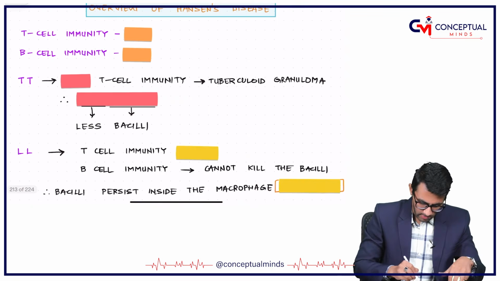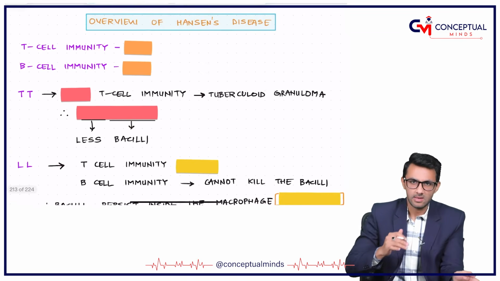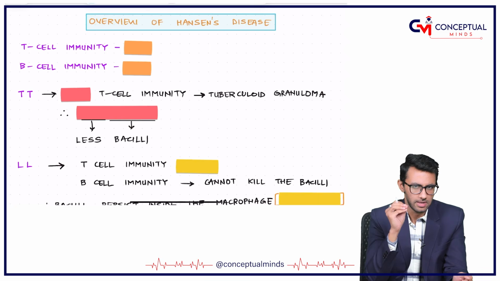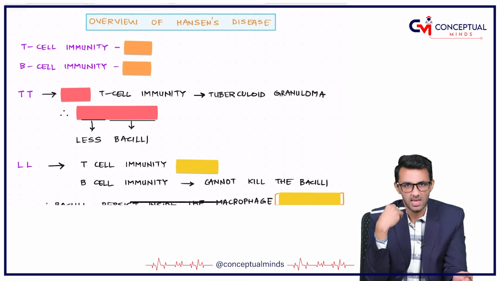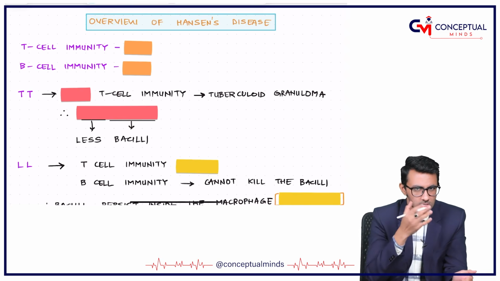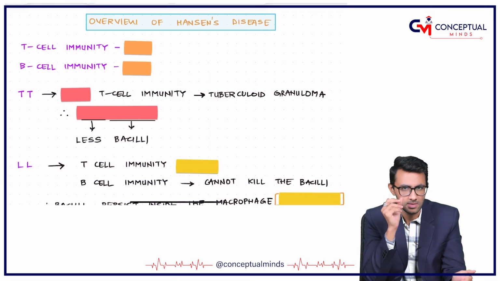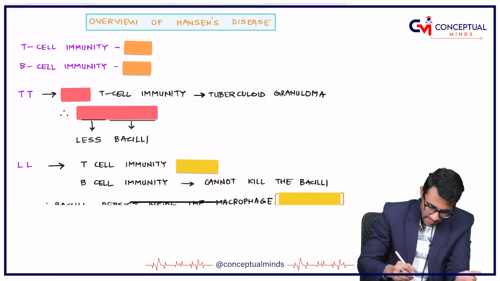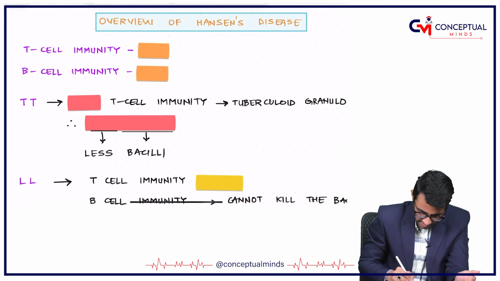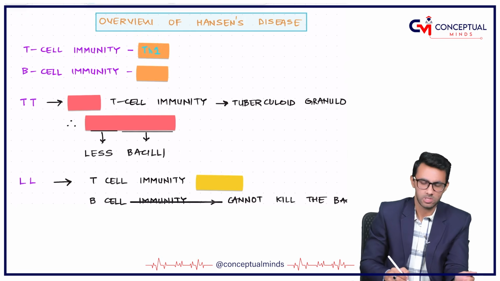As I told you, the disease's offending agent is Mycobacterium leprae. It invades the body, and the body reacts in a certain way. How would the body react? It could be with T cells or with B cells. If it is T cell mediated immunity, the T helper 1, TH1, will be responsible for it.